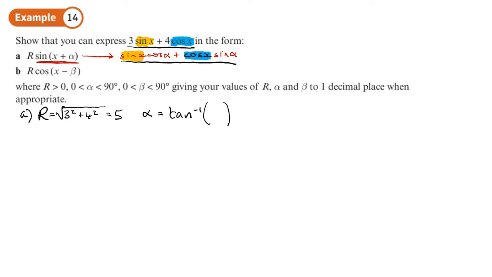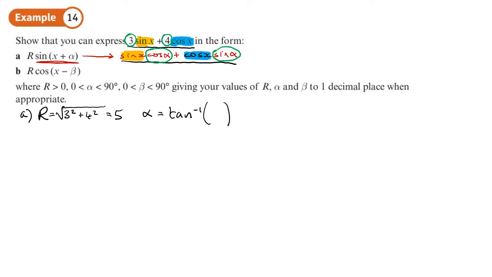Now let's have a look. Where the 3 is written, can you see the cos x is where the 3x was written, and where the 4 is written, can you see there's a, I said cos x, I meant cos alpha, there's a sine alpha there.